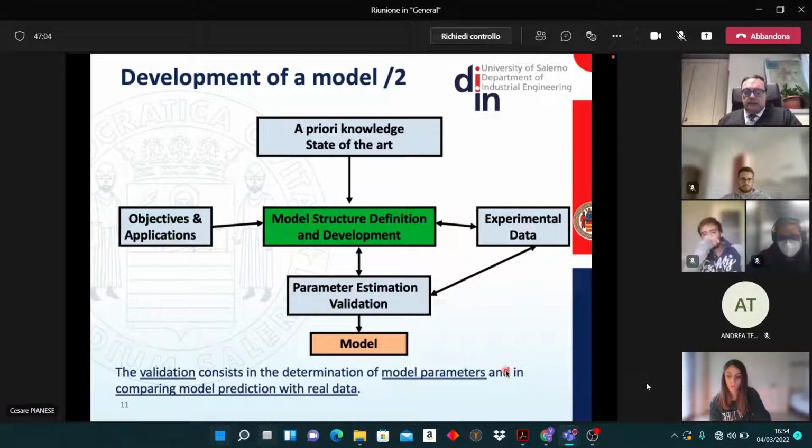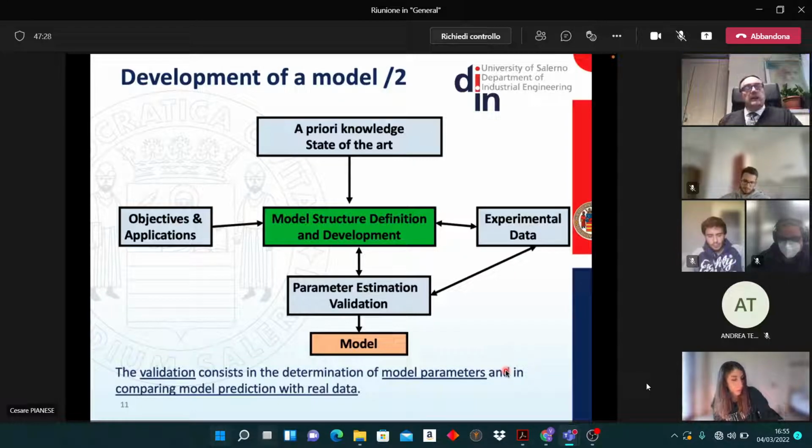Parameter estimation means that you are comparing the results of your model with the results of the experiment, and then you check whether the experimental results and the numerical model results fit.